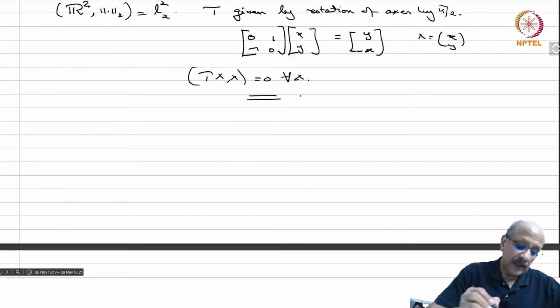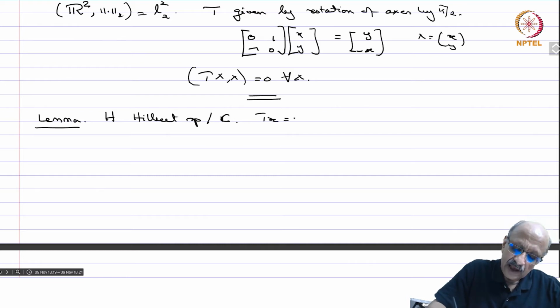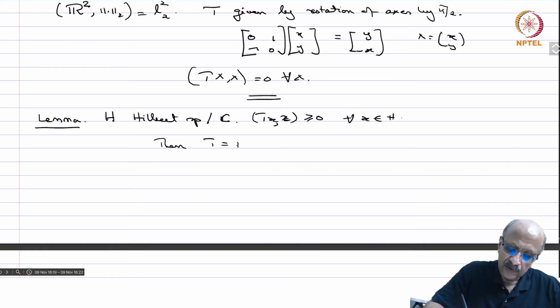Okay, so then again lemma, if you like. Let H be a Hilbert space over C. So henceforth we will work over C, okay, and <Tx,x> greater than or equal to 0 for all x in H. Then T is self-adjoint, T equals T star.